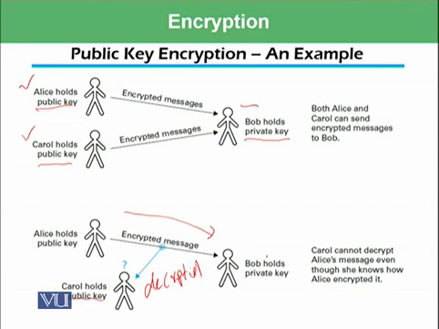It can be decrypted only by Bob using its own private key, which means that this message can only be understood by the receiver only. So Carol cannot decrypt Alice's message even though she knows how Alice encrypted it. So this is one of the strategies of using public key encryption.